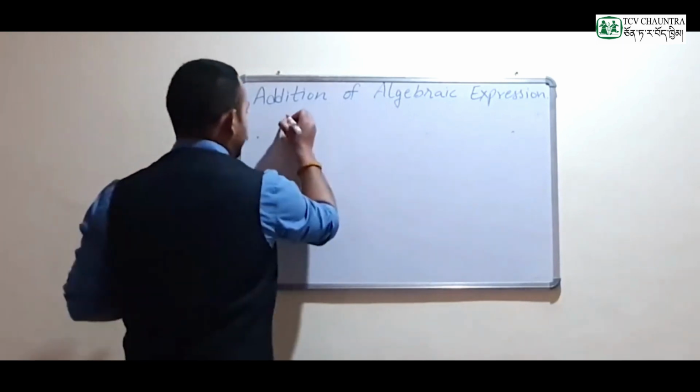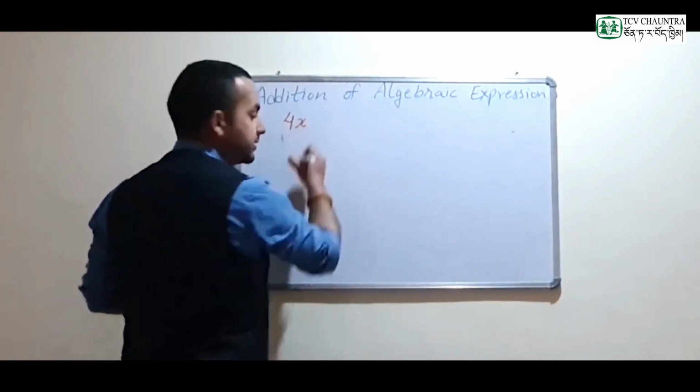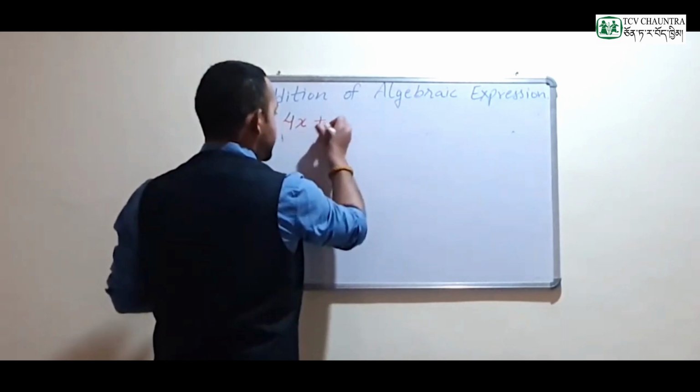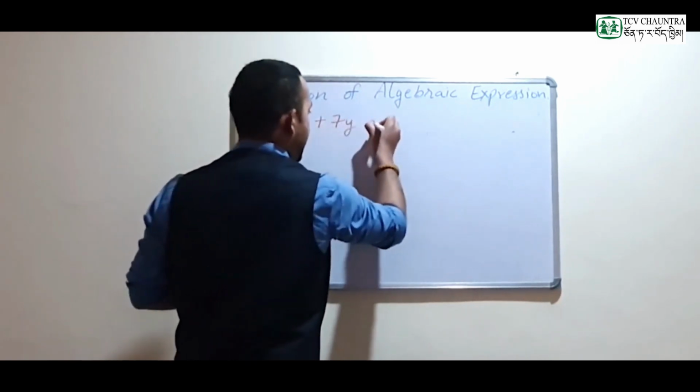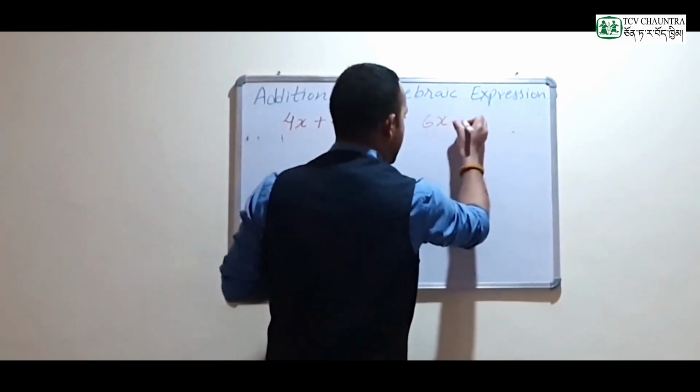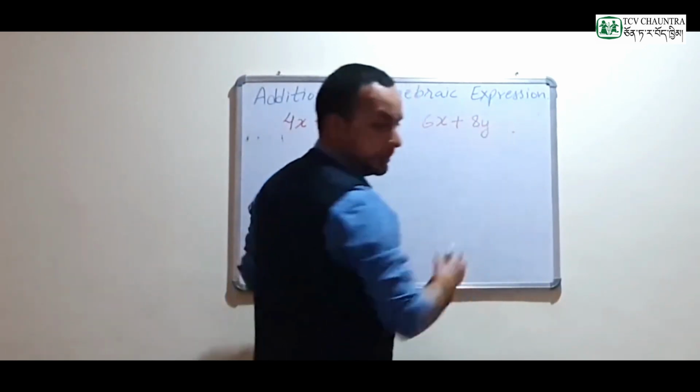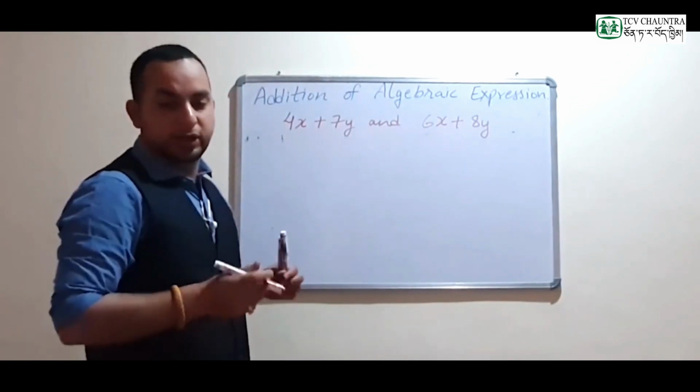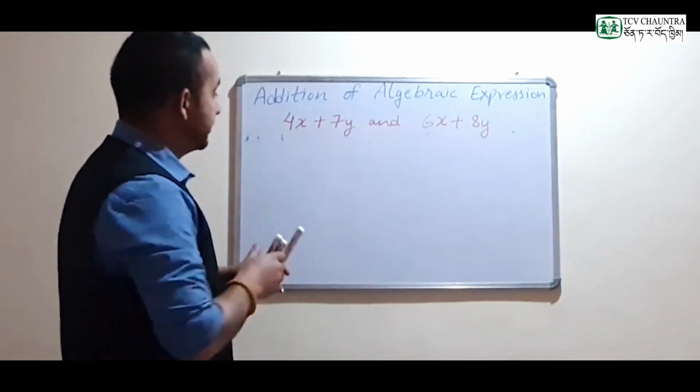See, I'll give you one example. Suppose 4x plus 7y and 6x plus 8y. Till now, we add like this.